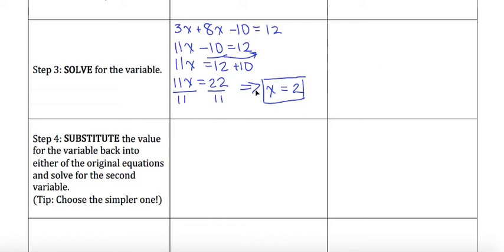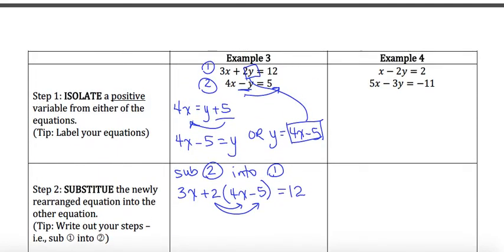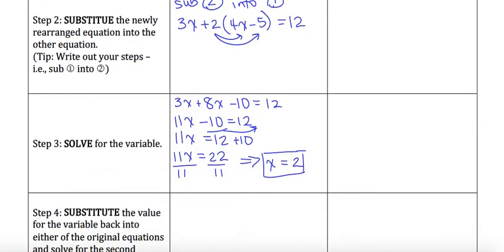So we're going to substitute x equals 2 back into whatever equation we think is easiest. So let's try equation 2, okay? Because there's not as many numbers to multiply by. And the values are smaller, right? We'd have a 5 instead of a 12. You can substitute really into either one, but try to put it back into the one that's a little bit easier.